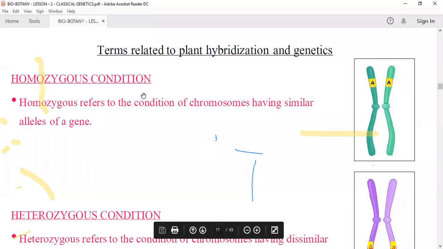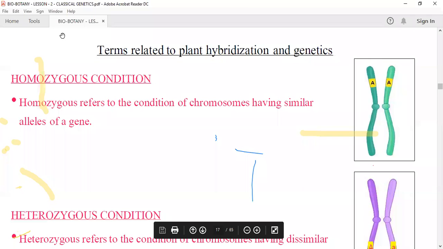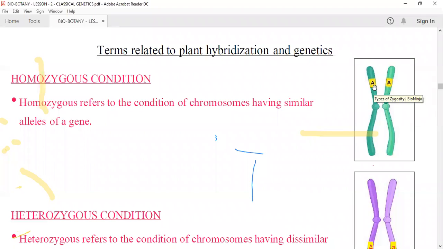And next, let us see the terms related to plant hybridization and genetics. First, you have to know about the homozygous condition and heterozygous condition. Homozygous refers to the condition of chromosomes having similar alleles of a gene. Here in these two chromosomes, you can see capital A and capital A. Both genes are the same, so both alleles are the same.